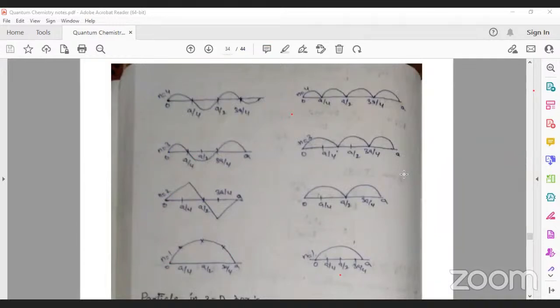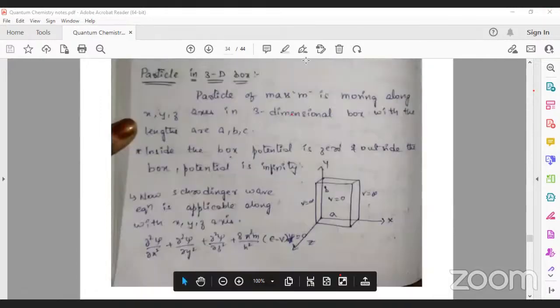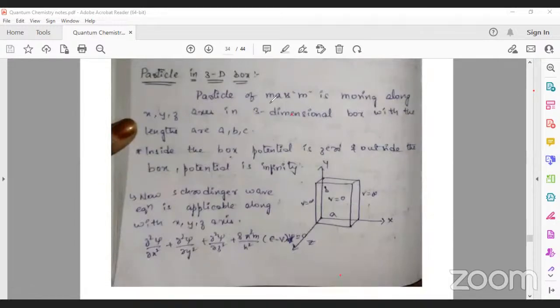Further, the same concept, the particle in a one-dimensional box concept, can be applied to a three-dimensional box. See here, the particle of mass m is moving along x, y, z directions. Previously it was only along the x direction, with box length x equal to 0 to x equal to a.